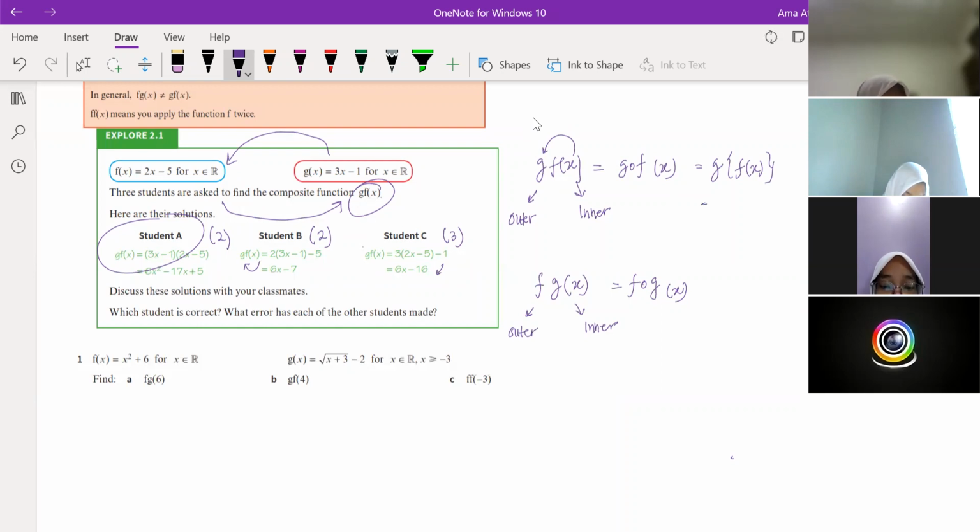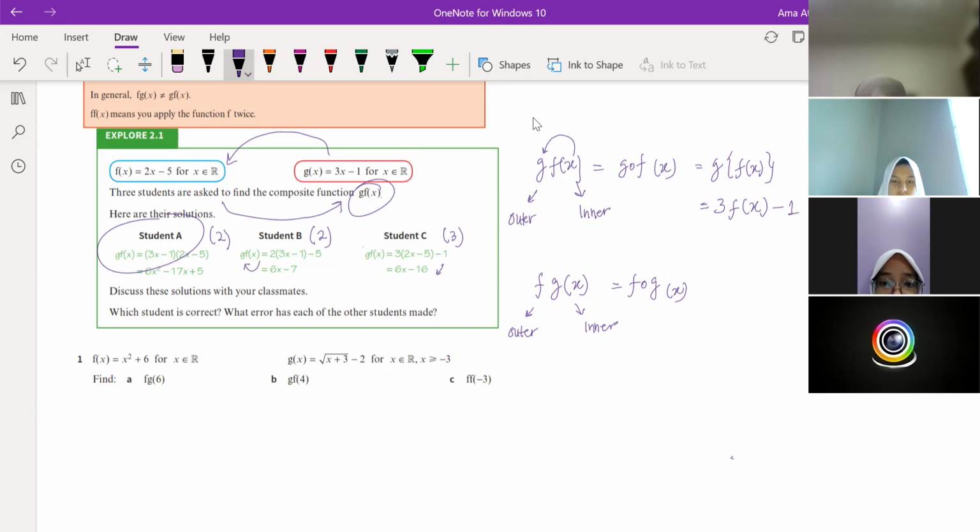So g is 3, and then x here becomes f of x, minus 1. This is what is meant by input or inserting or substituting or changing. They're the same.